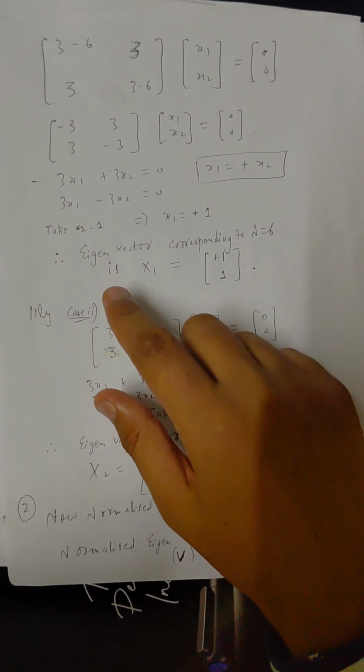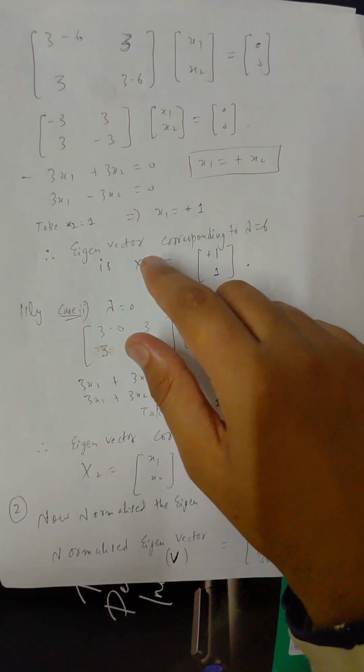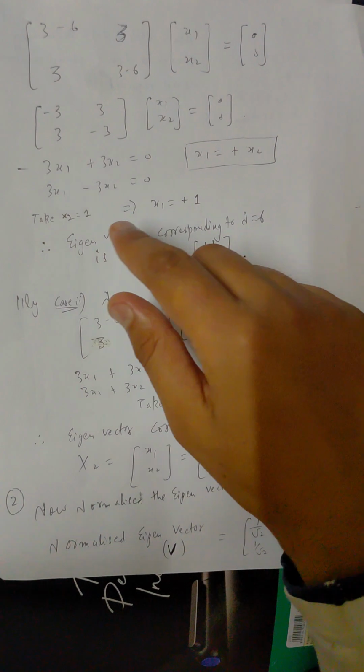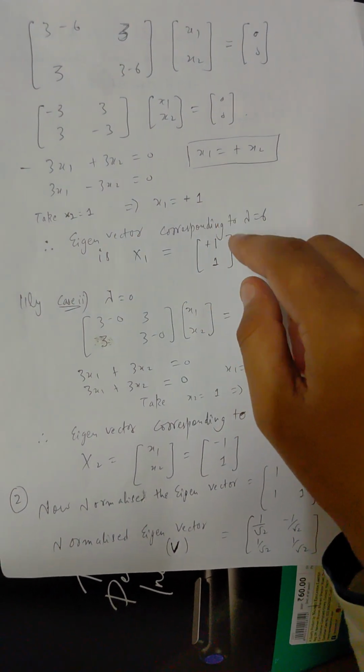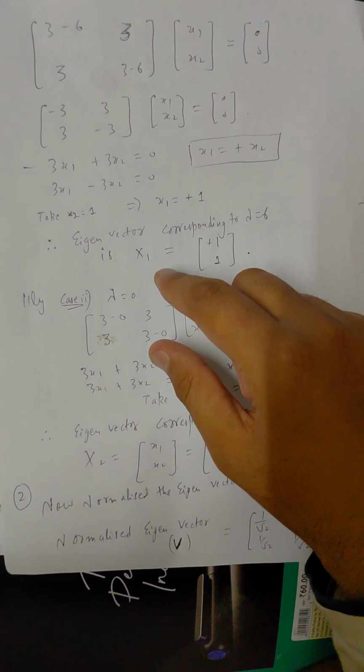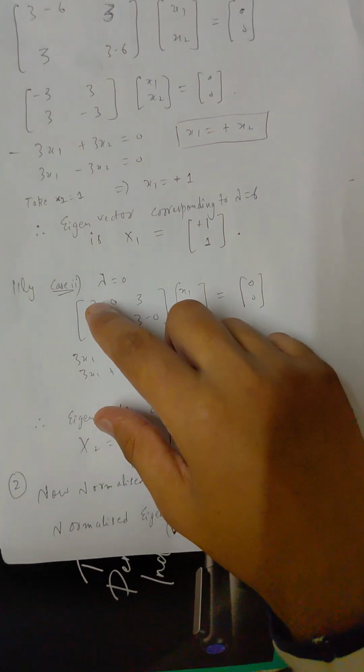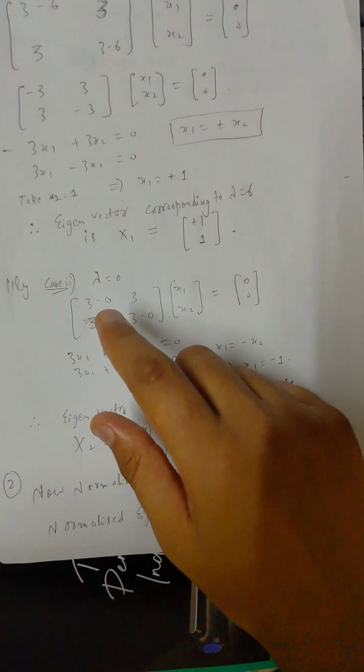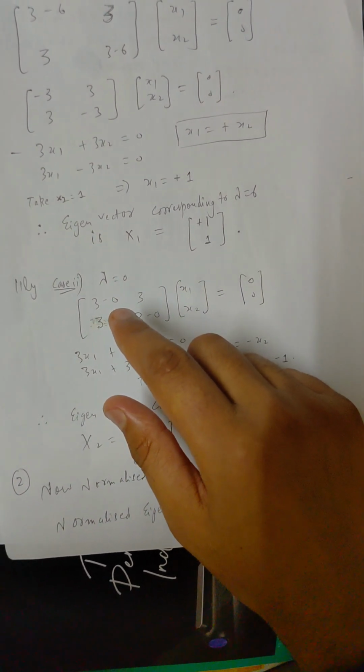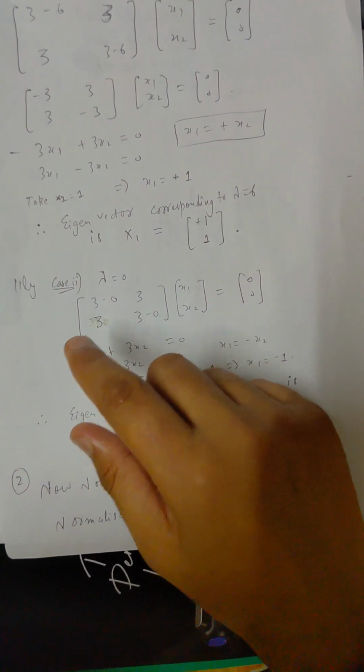We have already got x1 and x2, so these are the eigenvectors for case 1. For case 2 we have lambda equal to 0, so I will put it in the generalized form that I showed you previously on the previous page.